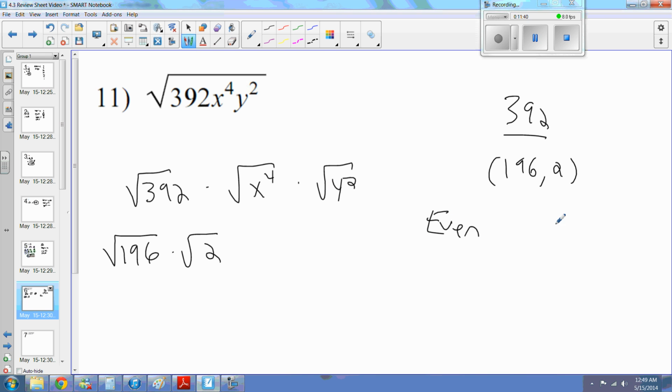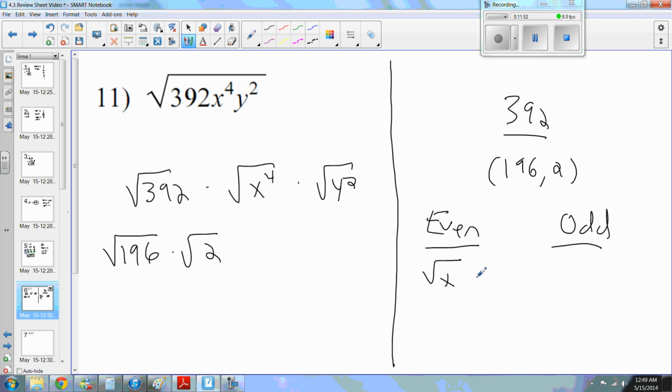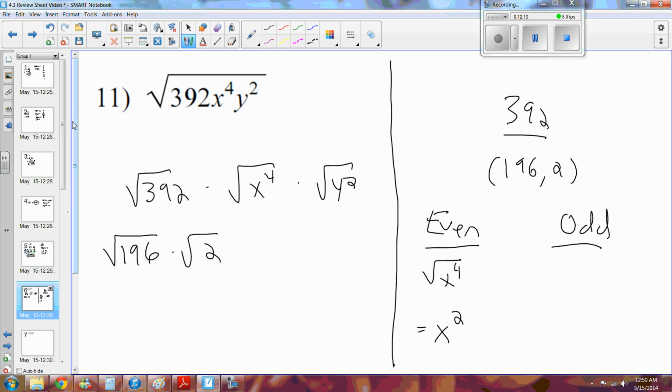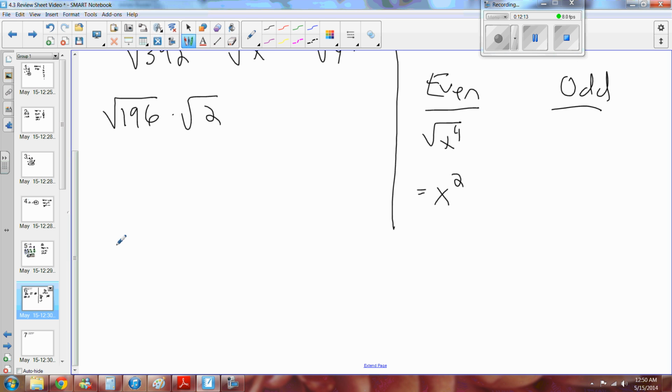If I have an even exponent, anytime I have an even exponent, like the square root of x to the fourth, all I'm doing is dividing my exponent, in this case 4, by 2, putting my answer as the exponent and eliminating the radical. So the square root of x to the fourth is x to the second power.